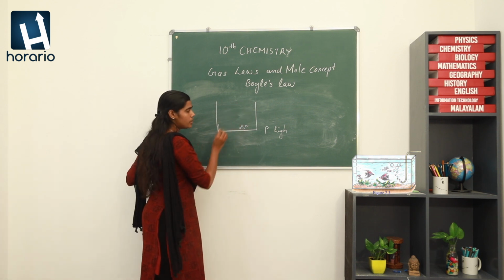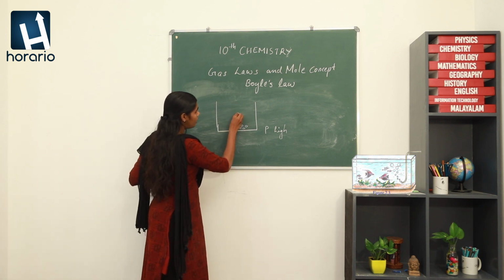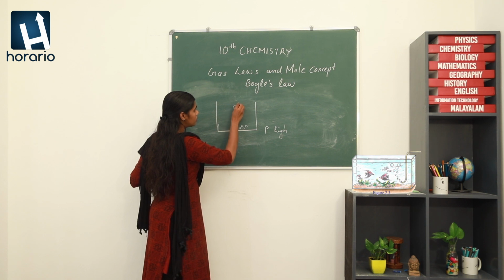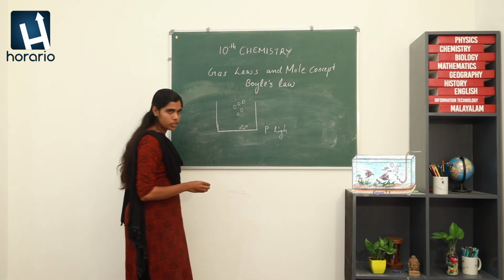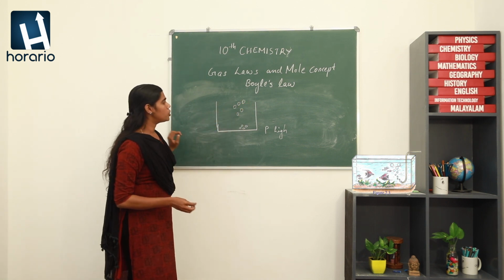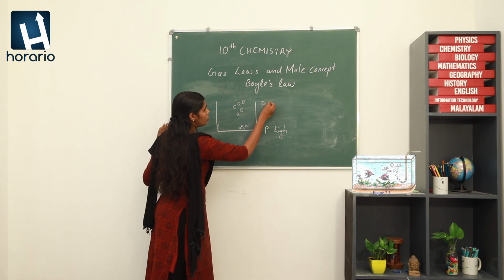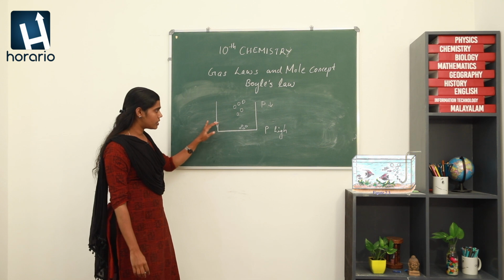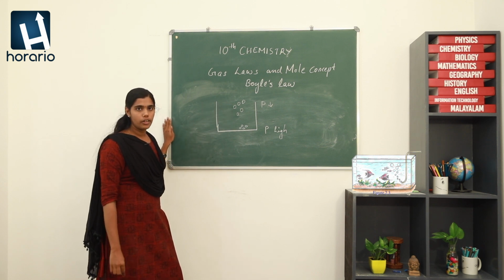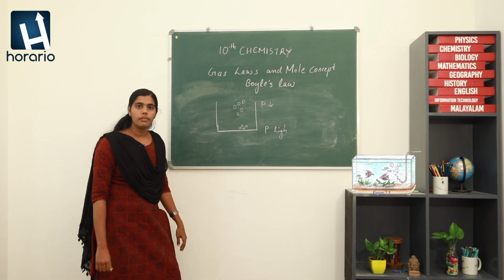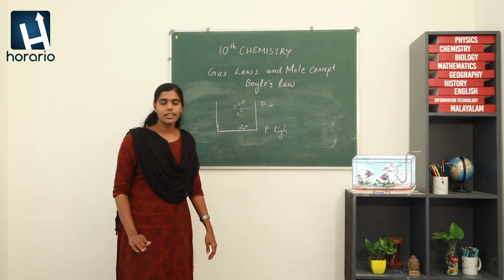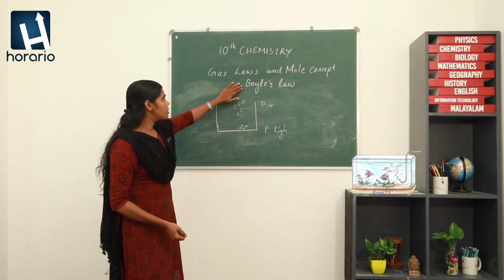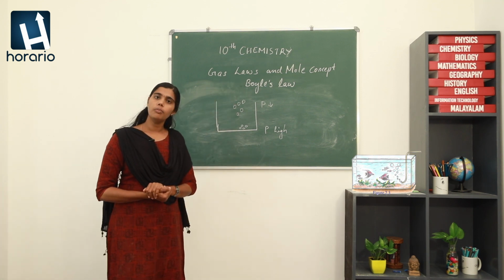Going upward, what happens? The size of the bubbles becomes very large. That is, the pressure decreases as we go higher, so the volume will increase. That is the reason, which we can explain with the help of Boyle's Law.